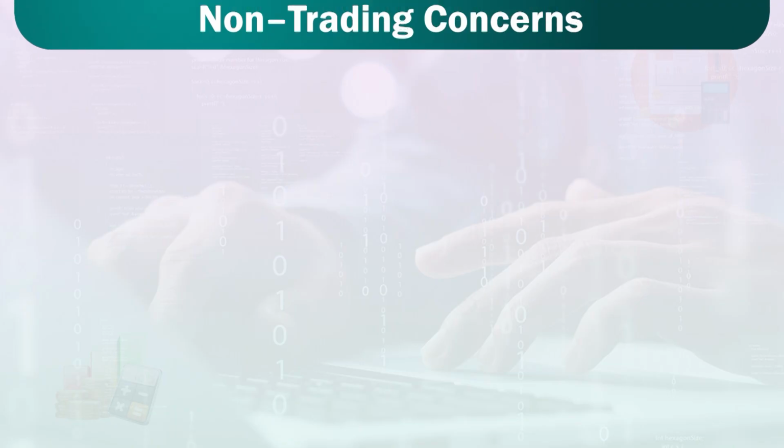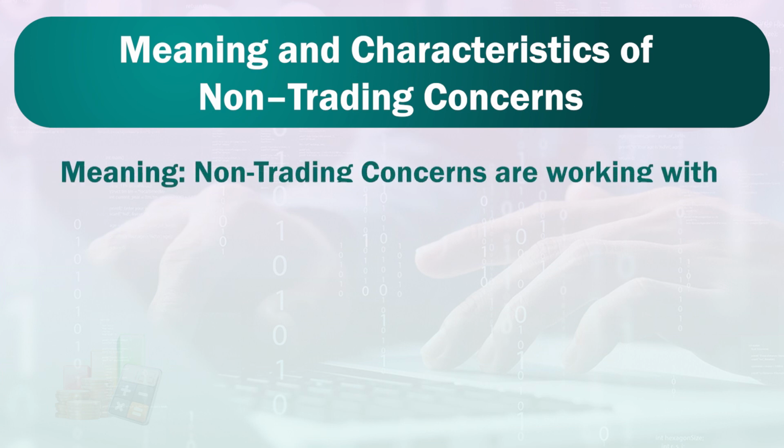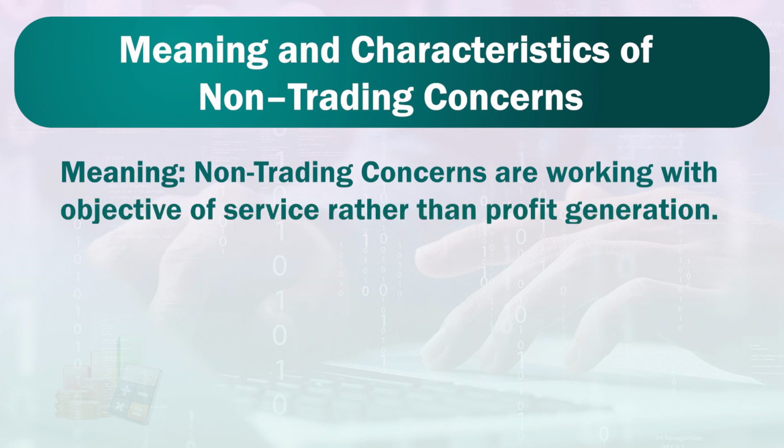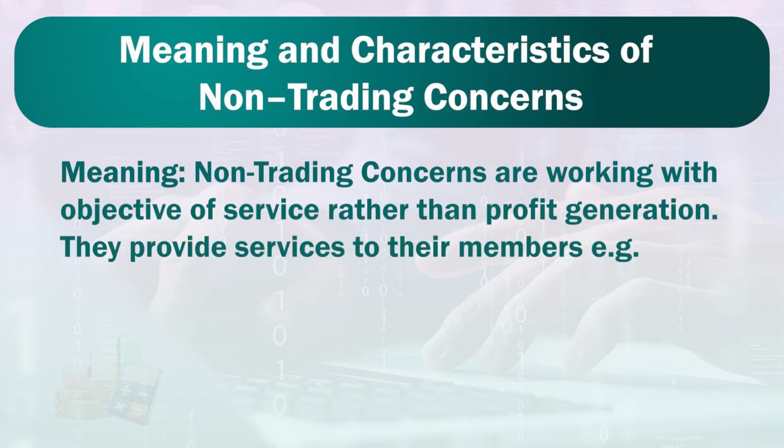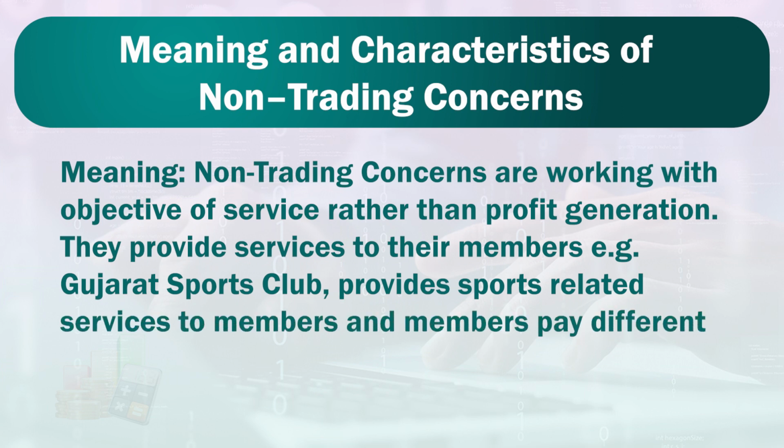Let us understand the meaning and characteristics of non-trading concern. Meaning: non-trading concerns work with the objective of service rather than profit generation. They provide services to their members. Example, Gujarat Sports Club provides sports related services to members and members pay different types of fees to the club.